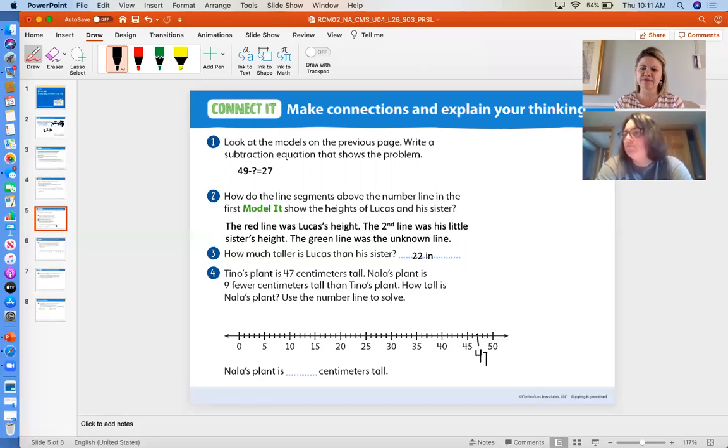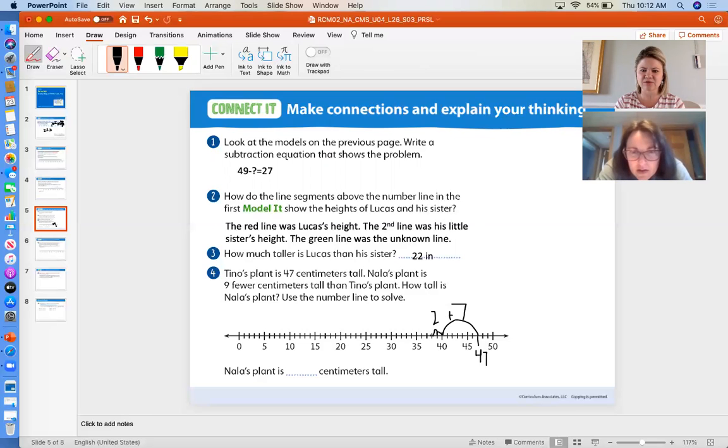Okay, so I know if I'm on 47 and I go to 40, I've already hopped 7, right? I subtracted 7. Now I know I need to just get to 9, so I'm just going to go 8, 9. That was 2. So if I add those 2 plus 7, that equals 9. I went backwards 9.